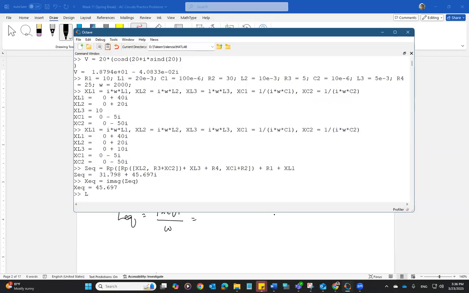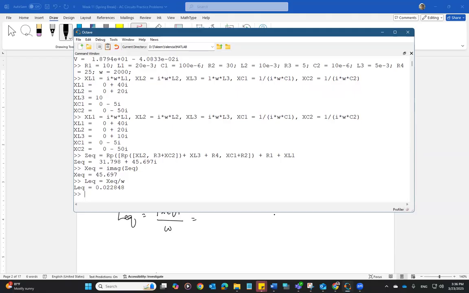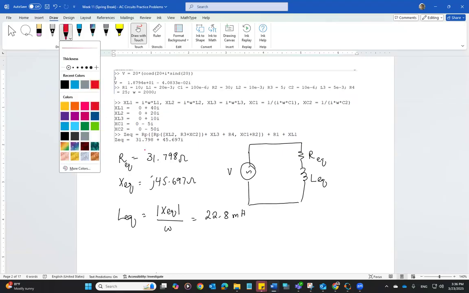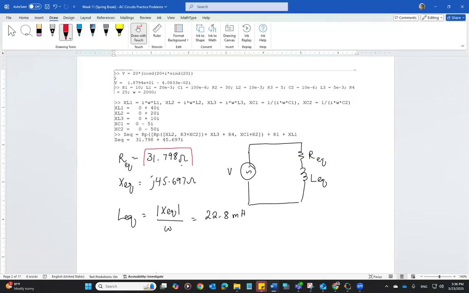And then L equivalent will be X equivalent divided by omega. So 0.022, or 22.8 millihenry. So these are my two components as seen by the source.